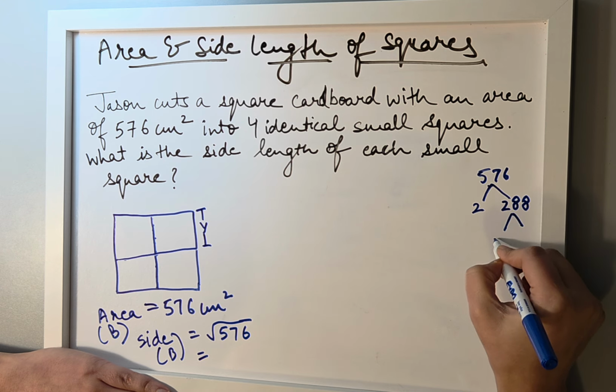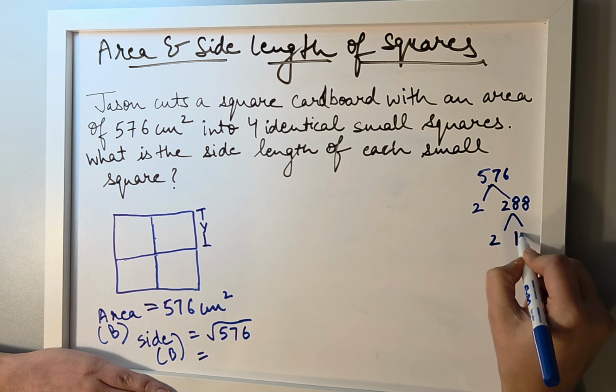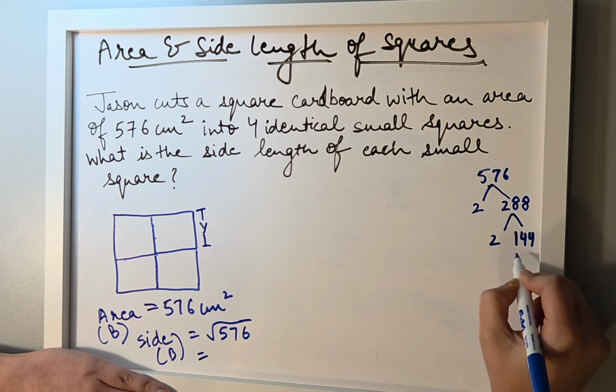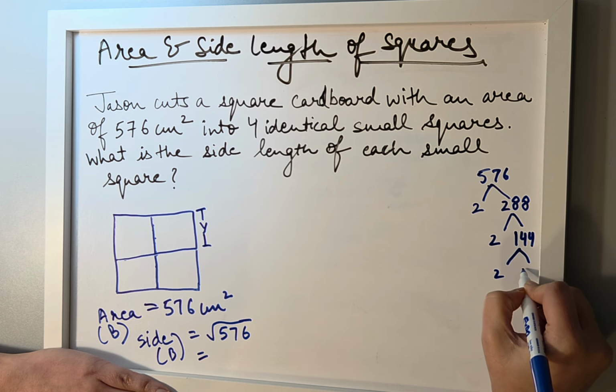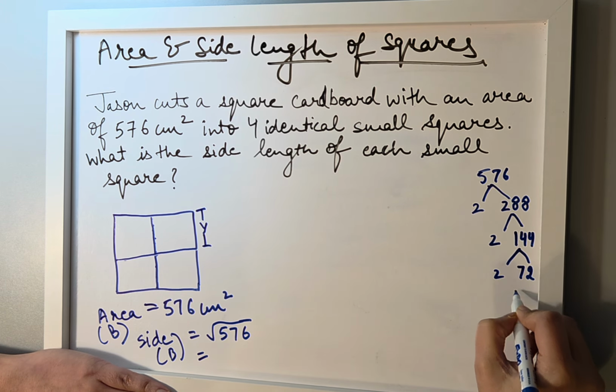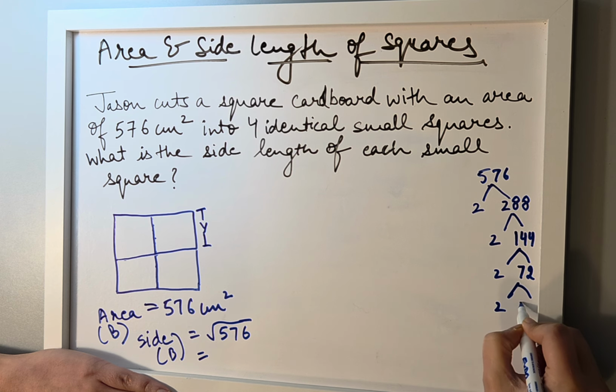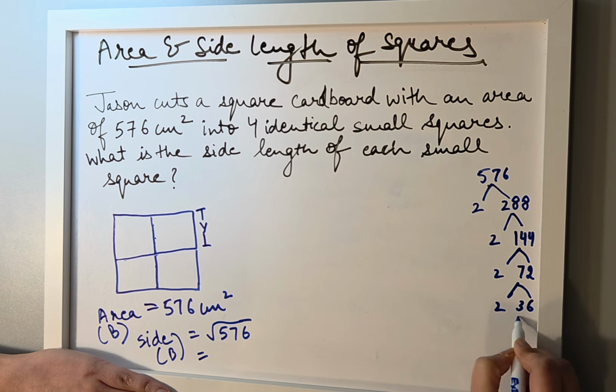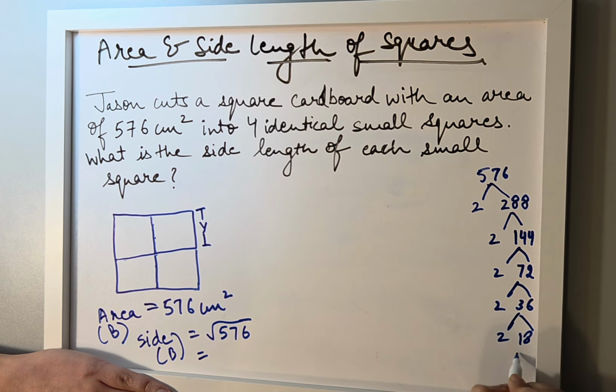This is again an even number, 144, then 2 72, then 2 36, 2 18, 2 9, and then 3 and 3.